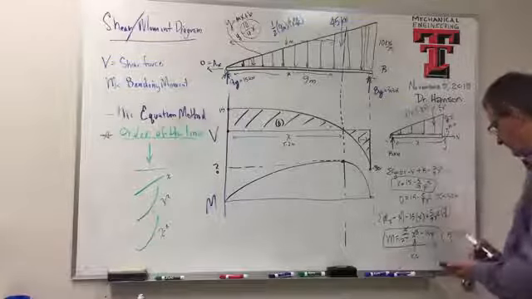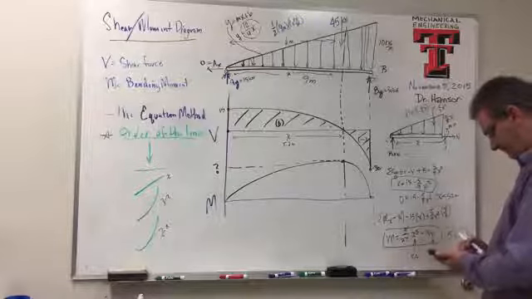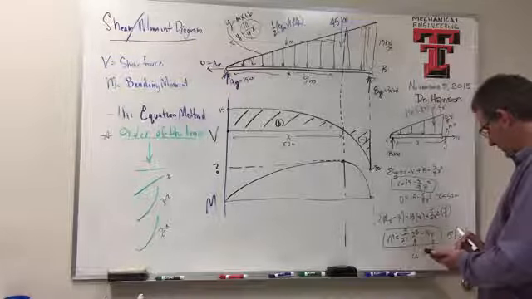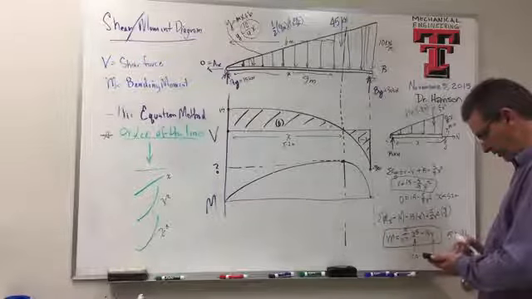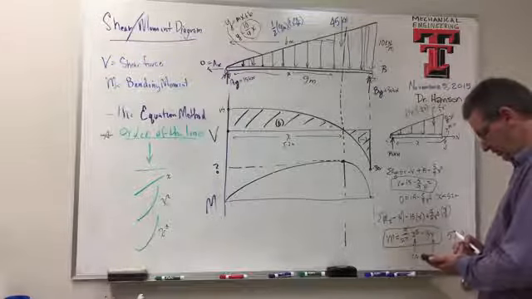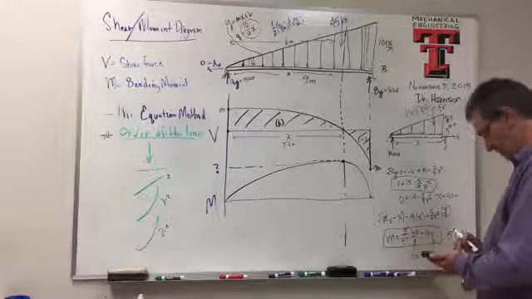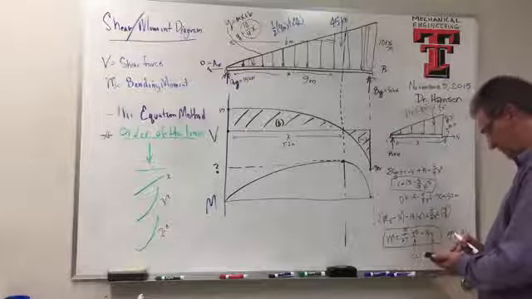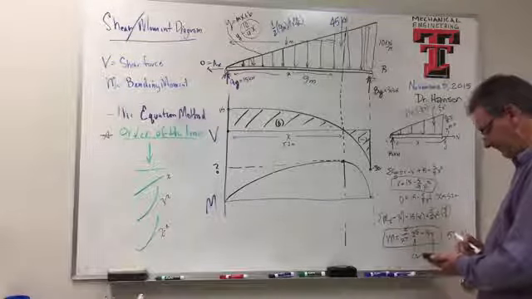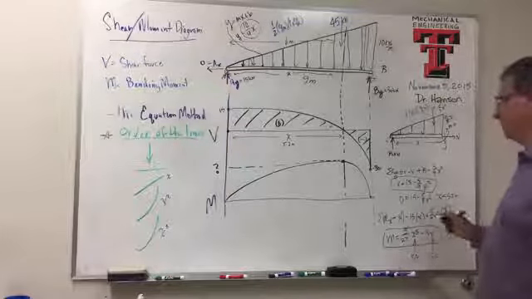Let me do that one more time. 5 times 5.2 cubed, divided by 27, minus 15 times 5.2. Yep, 51.96, let's call it 52.